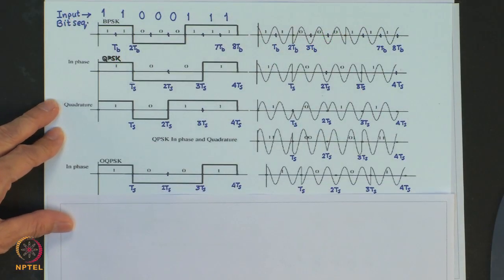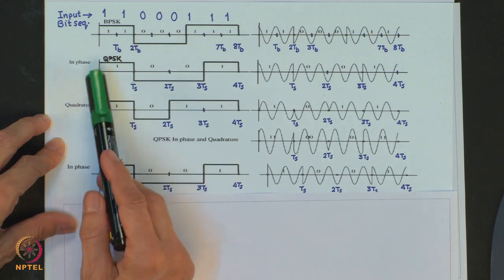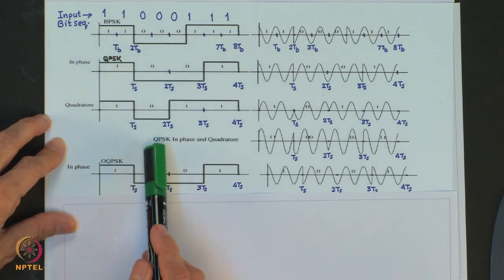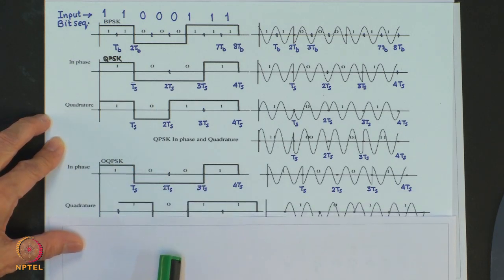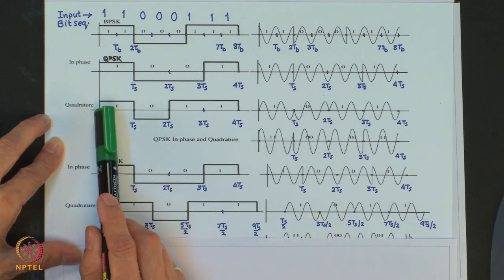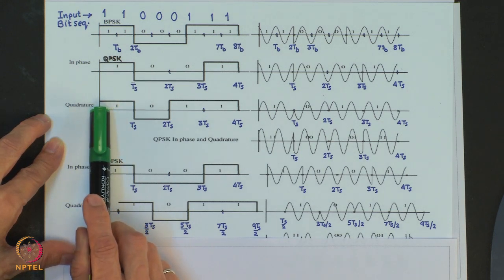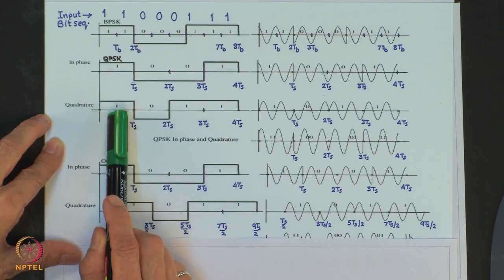Okay. To understand this in more detail, let us look at this figure. In offset QPSK, our in phase wave remains the same as we had for the QPSK case, and the quadrature wave for the offset QPSK is just shifted by a delay of Ts by 2 or Tb duration.